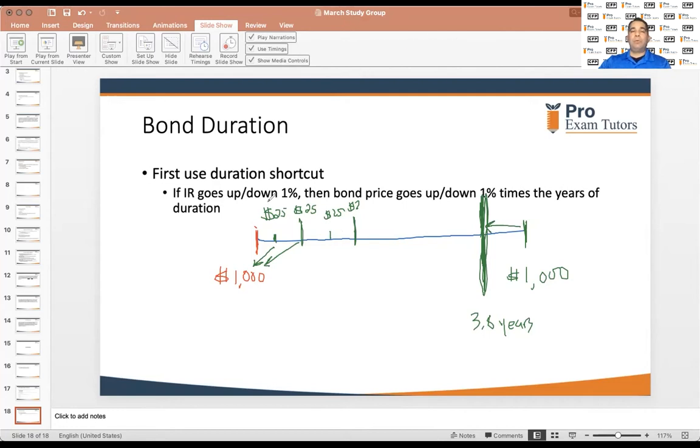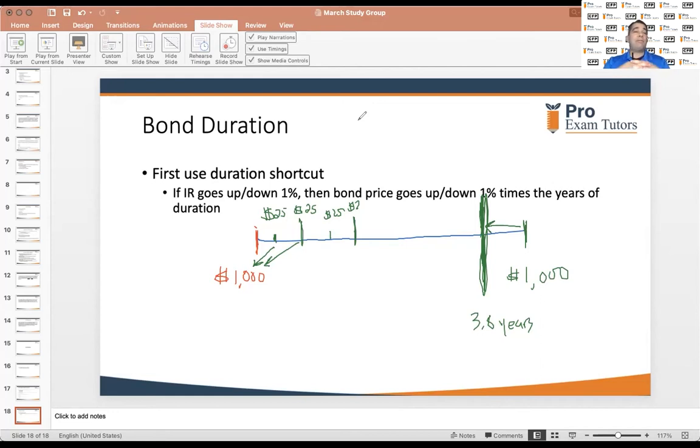Now, when you get a bond duration question, they're going to ask you, if the bond price is $950 and it's paying an 8% rate of return, or the coupon is 8%. But bond prices fluctuate. They go up and down, as do interest rates.